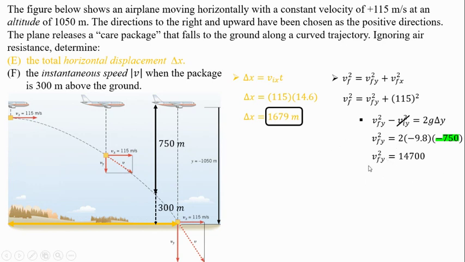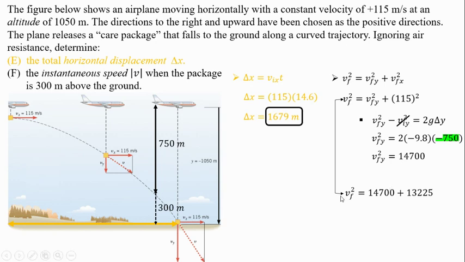All right. Here we have Vfy squared is equal to 14,700, and therefore we can just carry this work down. You notice I did not square root this, because I know that I need Vfy squared. Because it didn't ask for the angle, I don't need to square root it, because I don't need to know what the leg is. I just need to use the Pythagorean theorem.